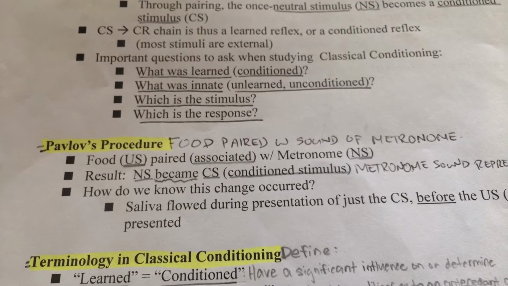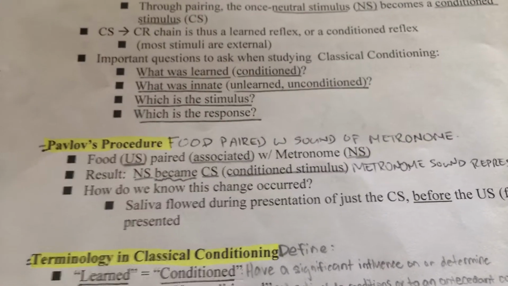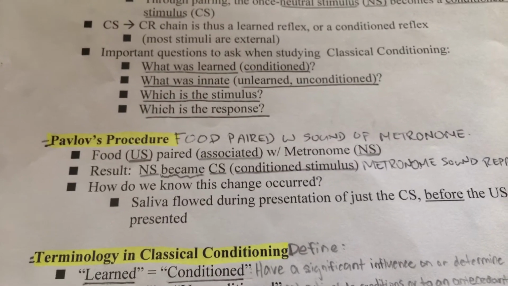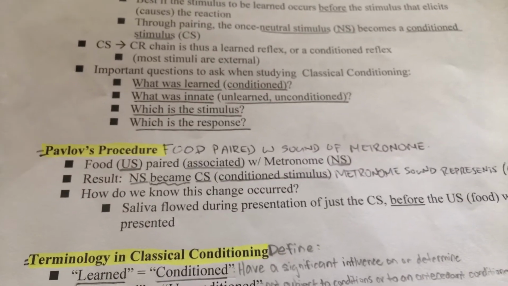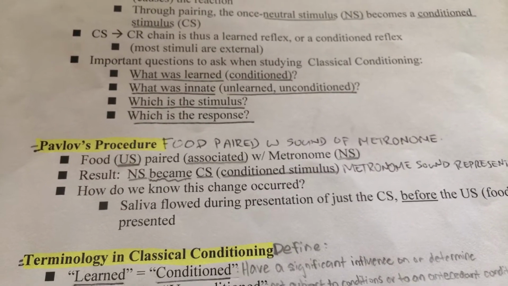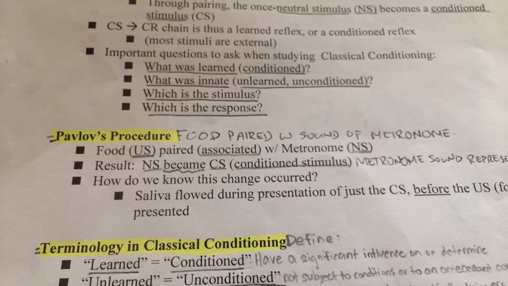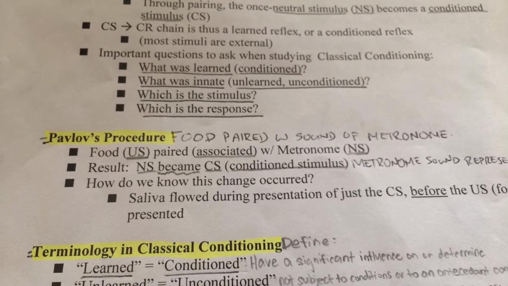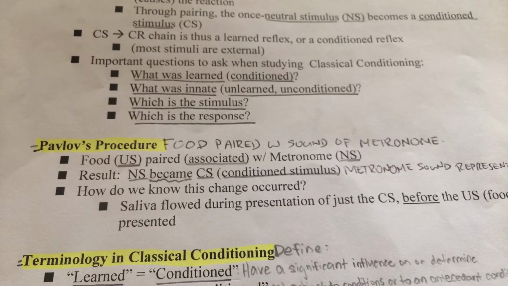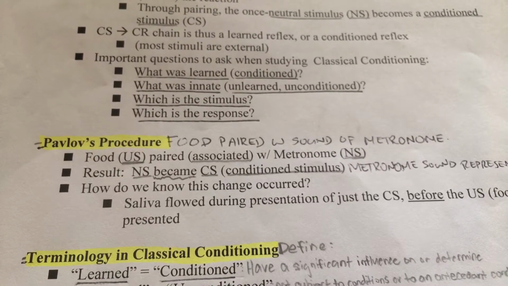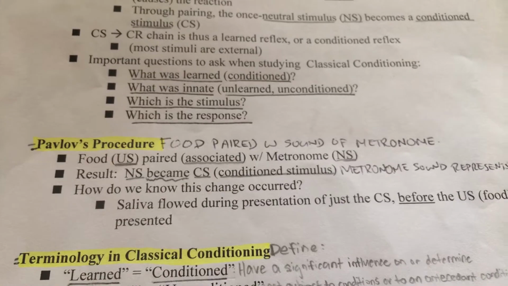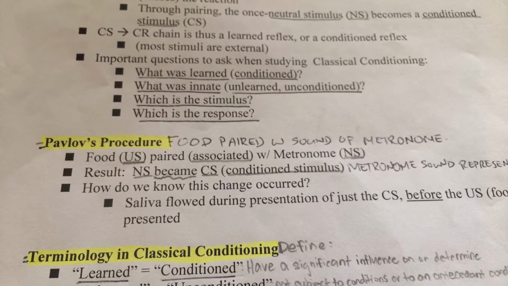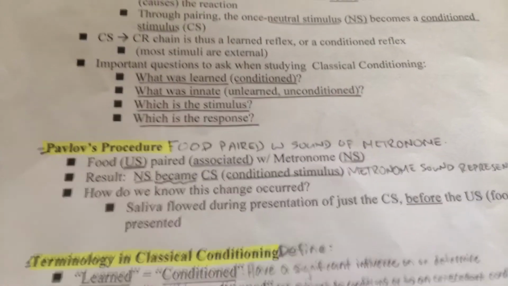Well, one of the best ways you could do this is by seeing if the saliva comes before the actual food is presented. So you have the metronome, and maybe you measure the saliva as soon as the metronome comes on, before the food is fully presented. You could do a test trial with just the metronome and see if it's drooling before food.